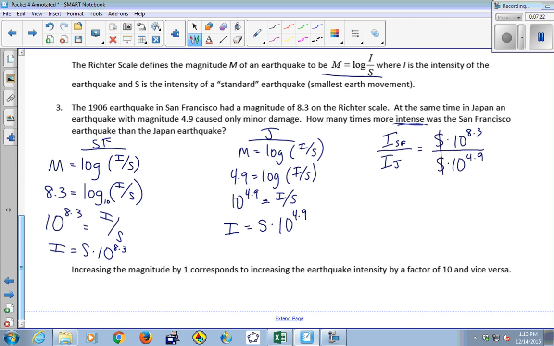The S's cancel, so that's why I didn't even tell you what number S stands for. And then how do you divide when you're dividing like bases? How do you simplify that? Subtract. So this is 10 to the 8.3 minus 4.9, which is 10 to the, well, 8.3 minus 5 would be 3.3, so 3.4.